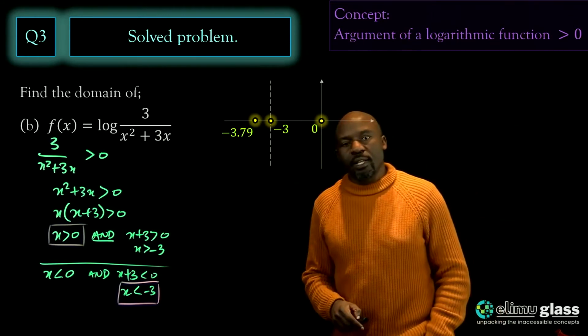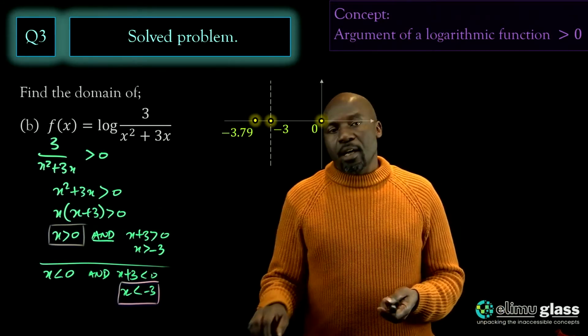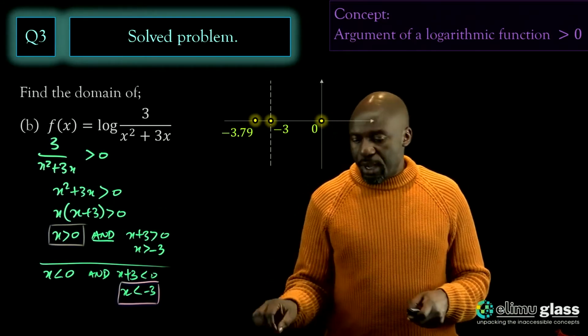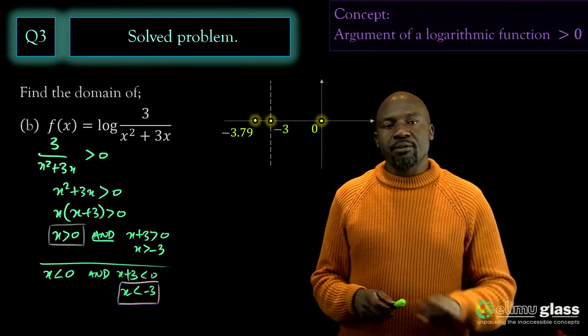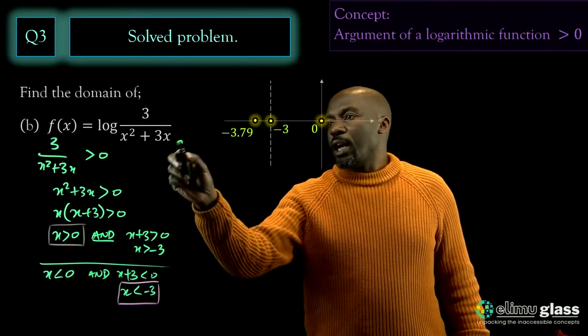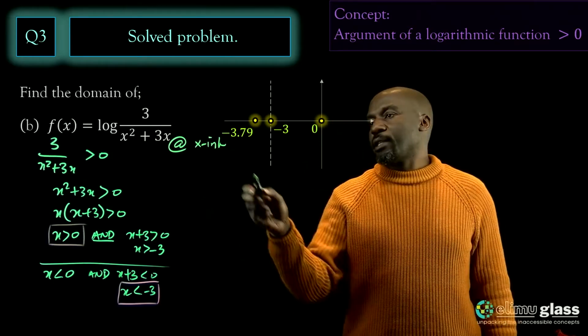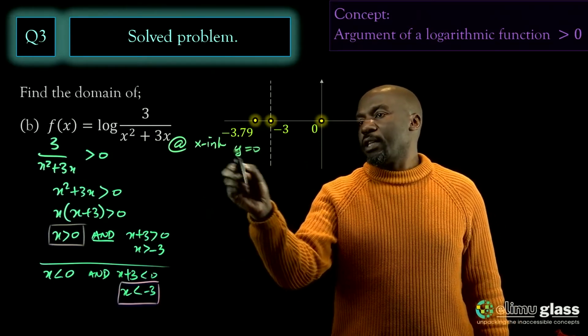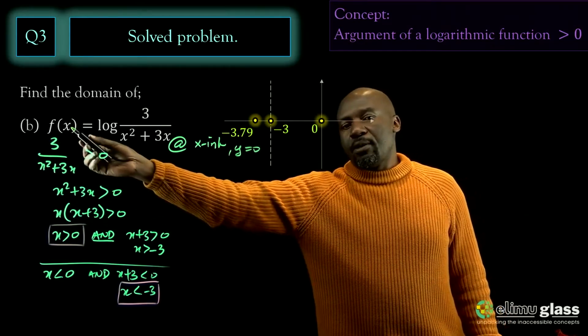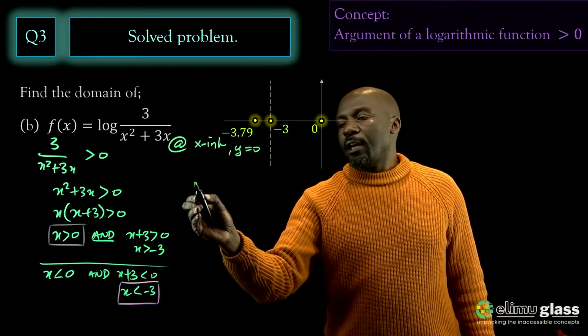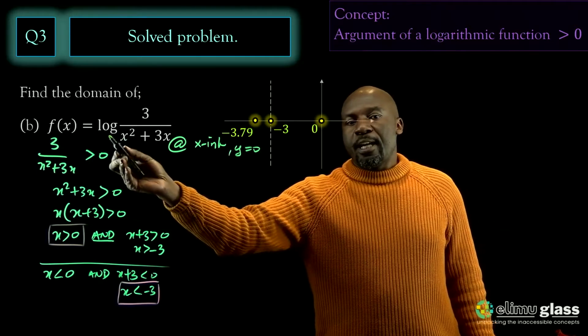Now we can find where the graph crosses the x-axis. Where the graph crosses the x-axis, the value of y is 0. So at the x-intercept, y is 0. So we make that 0, and we have log of 3 over x squared plus 3x.